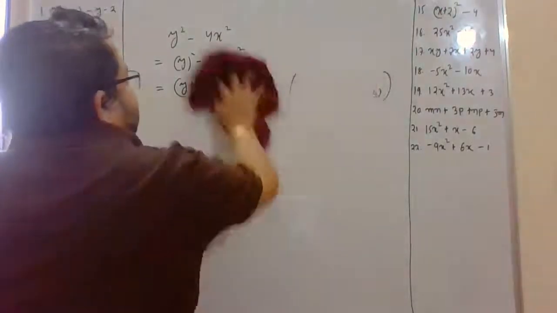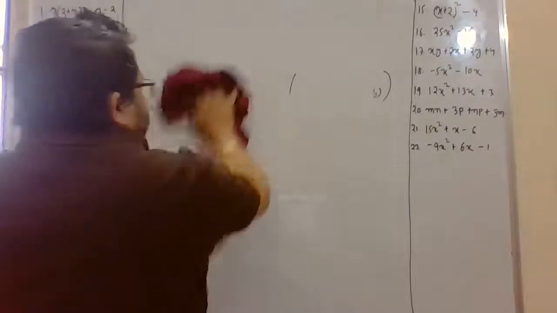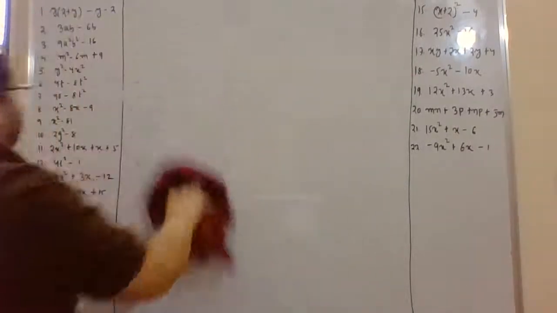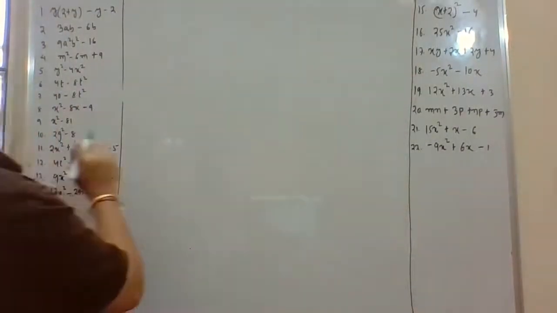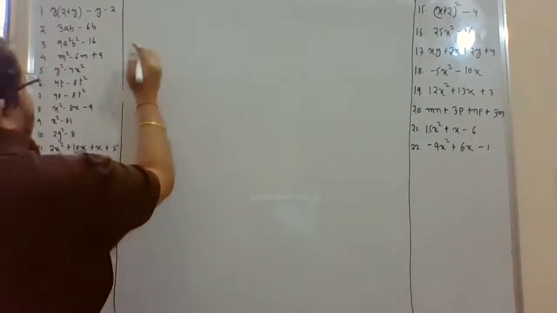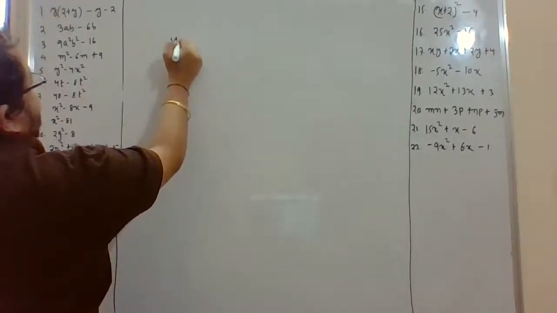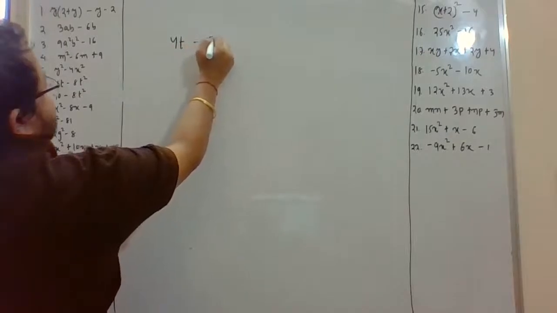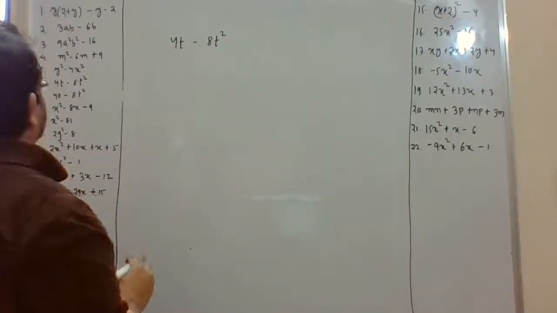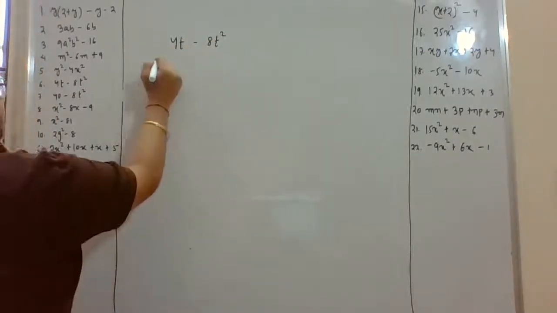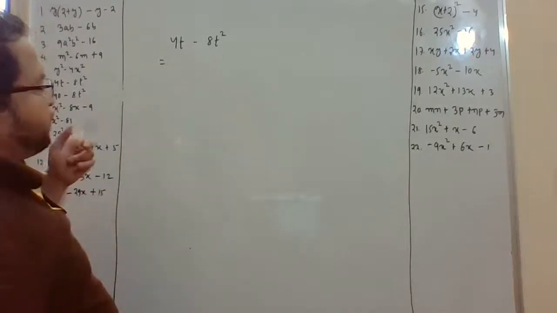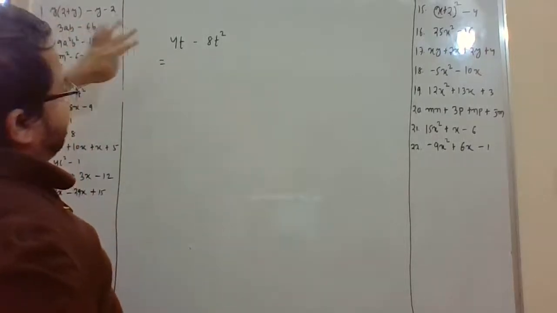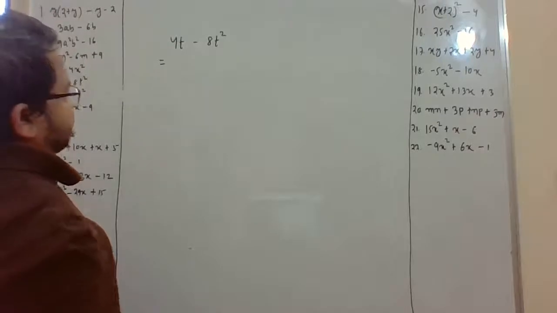Okay, so let me erase it. Let us go to the next one. So the next one is 4t minus 8t squared. Step number one, very same: if there is any common factor, let us eliminate it.